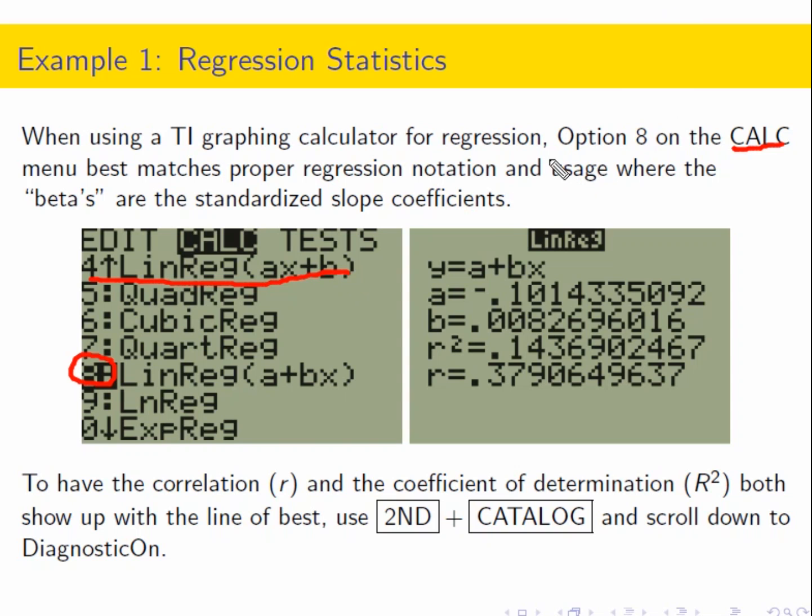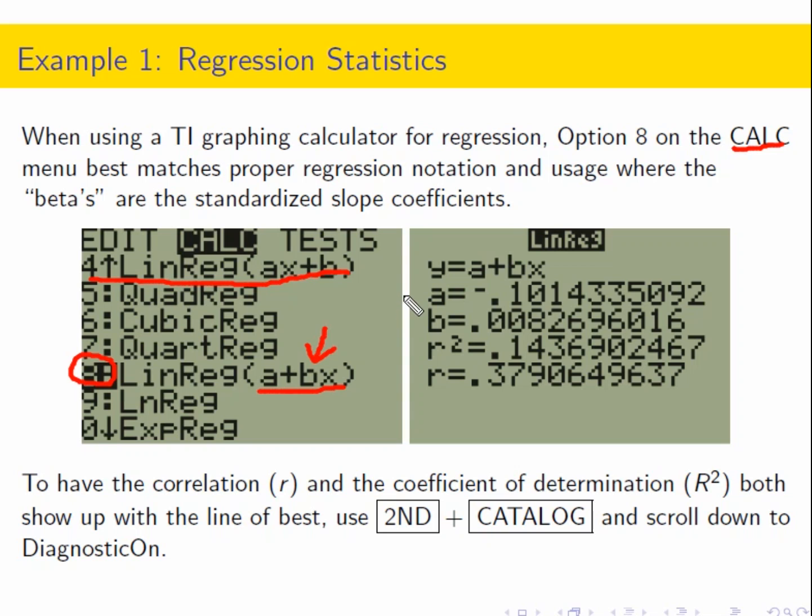The more statistically appropriate one to use is this a plus bx because the b's are going to relate to the betas in the model, and that's statistical notation. So option 8 is the one that is going to be more statistically appropriate, especially for a more advanced statistics class like this one. And I know this might be your first statistics class, but we're going to go pretty in-depth.